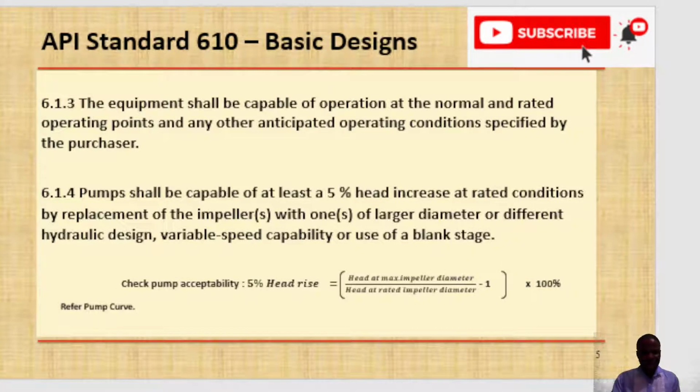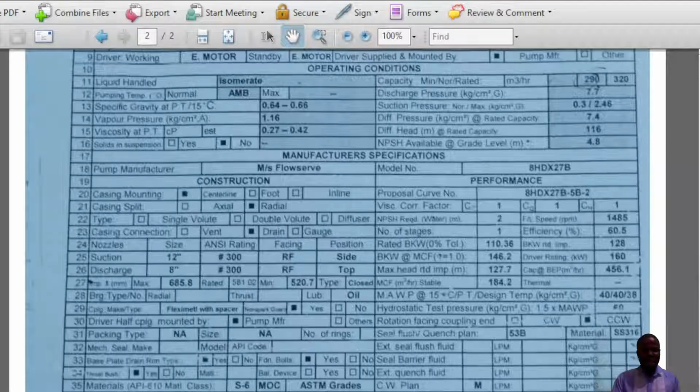If you see in the mechanical data sheet that I showed you the other time, now look at this. The capacity here for the normal capacity is 290 cubic meter per hour, while the rated capacity is 320 cubic meter per hour.